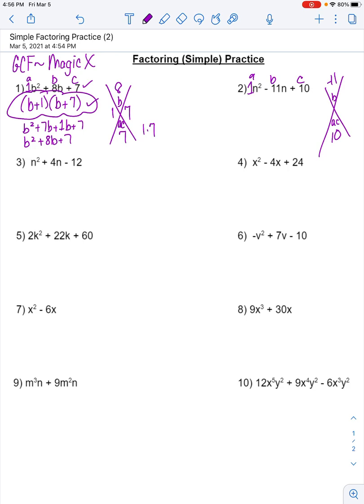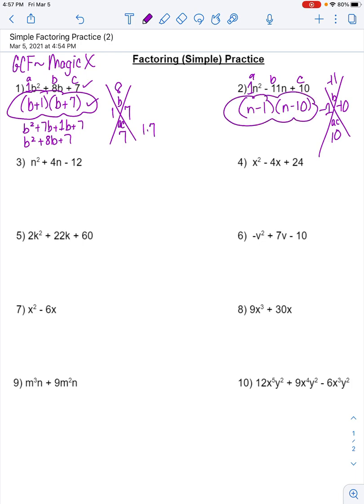The factors, I don't even have to write them down. I'm going to use 1 times 10 and make them both negative, because negative 1 minus 10 is negative 11, and negative 1 times negative 10 is positive 10. So my factors are n minus 1 times n minus 10.